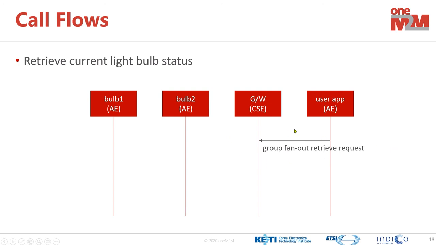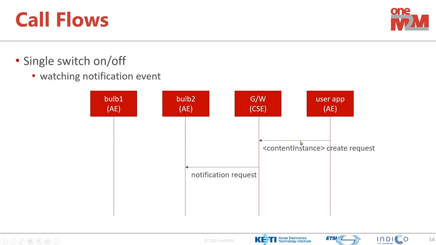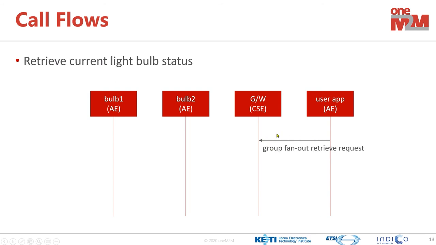So for the initial sensor reading to be shown on the user application screen, for example, it will send the retrieve request targeting the group resource, which has the lightbulb 1 and 2 status container resources. So the group fan-out request is targeting the CSE because we have created a group, and the fan-out point is a sub-resource of the group.